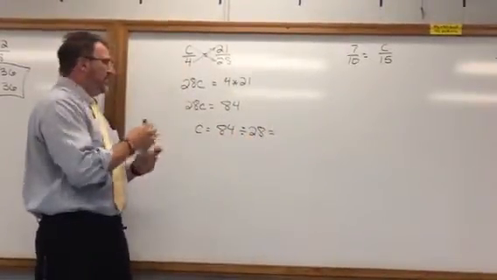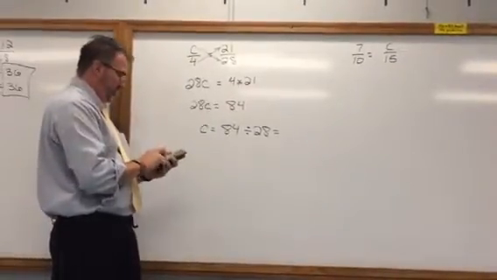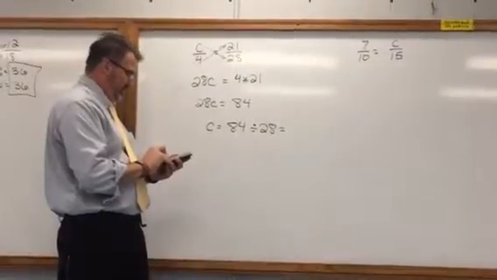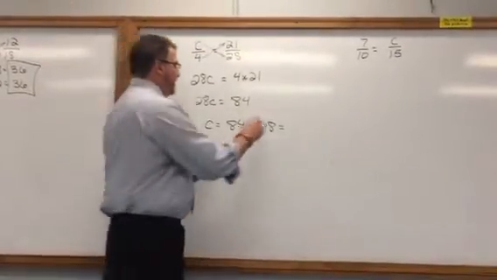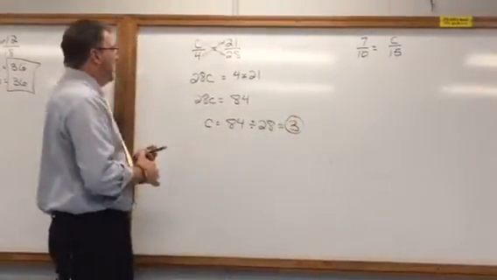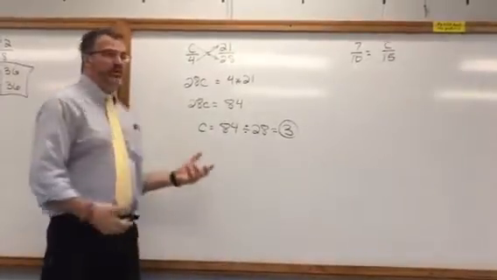That will tell me what number I multiply 28 by to get 84. So 84 divided by 28 is 3. So that means that 3/4 is equal to 21/28.